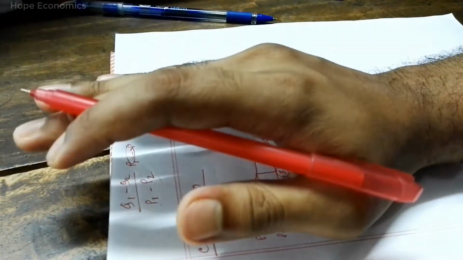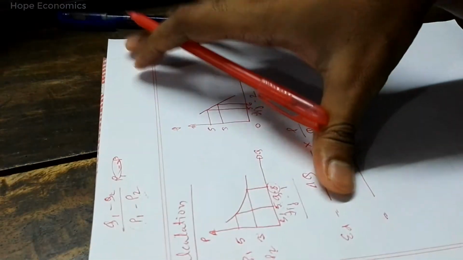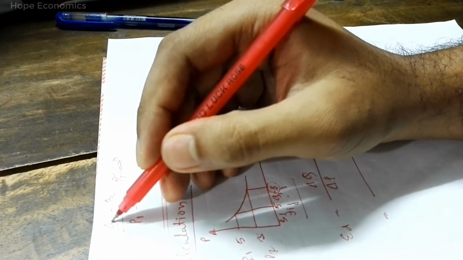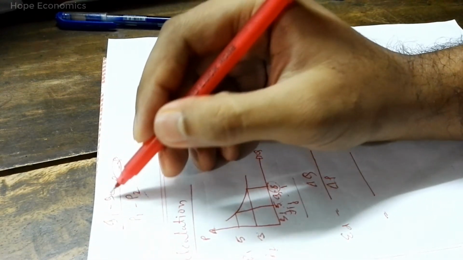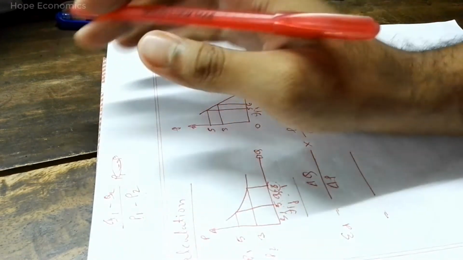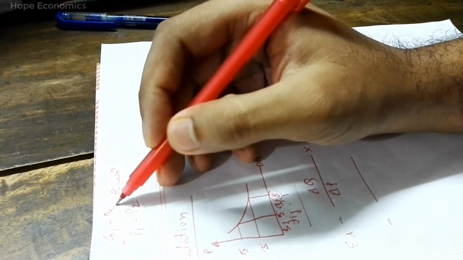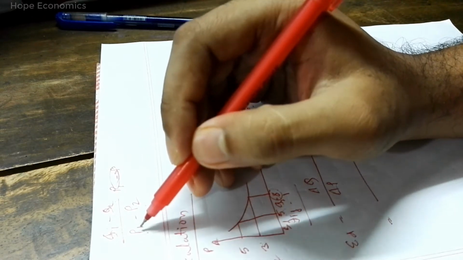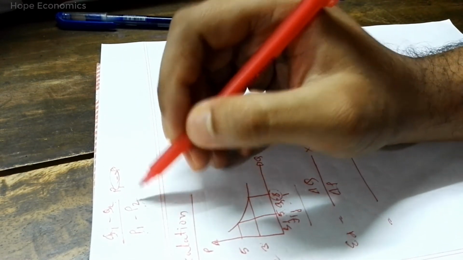Don't do it. No matter what, if you place Q1 in the first place, you must place P1 in the first place. If you place Q2 in the first place, you place P2 in the first place. Like here we placed Q1 minus Q2, and in the denominator P1 minus P2. We can't use P2 minus P1.